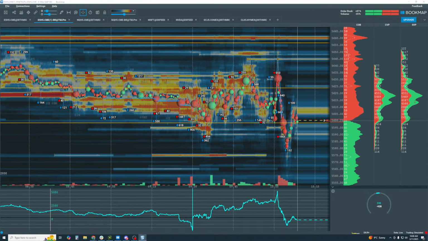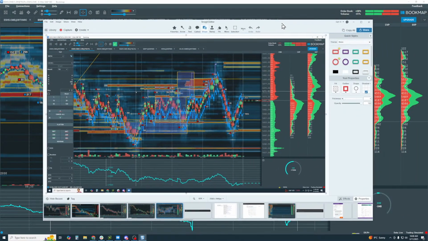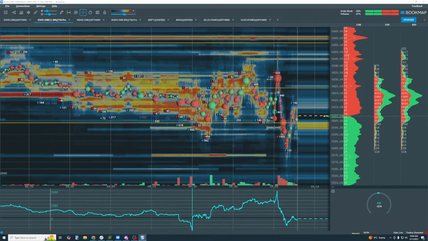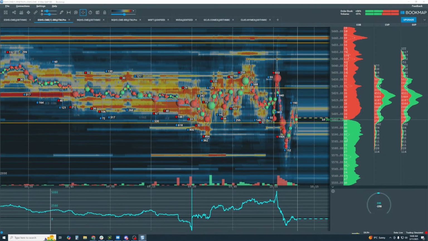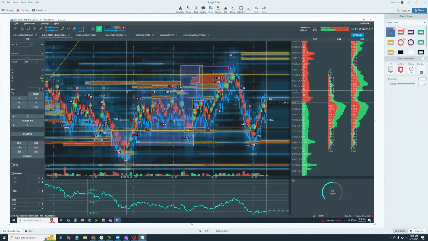So we kind of left off as we were trading up into an interesting level. And here, let me see if I can blow this up more. All right, well, let's try this. Okay, go full screen here.